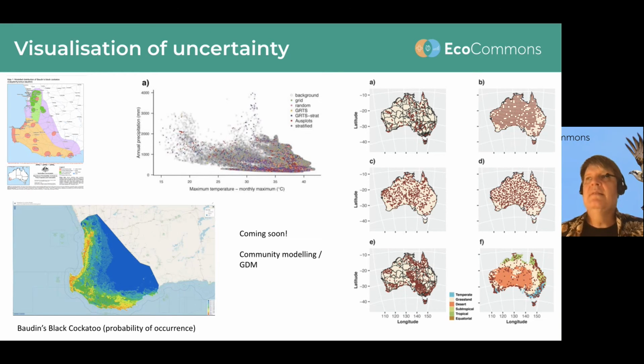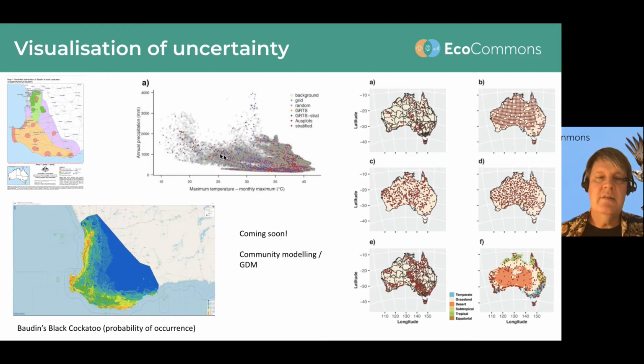And one of the other things that's becoming increasingly important if you want to publish is that you're able to visualize uncertainty in geographic and environmental space. The first part of that is to understand how well I sampled the distribution of my species.